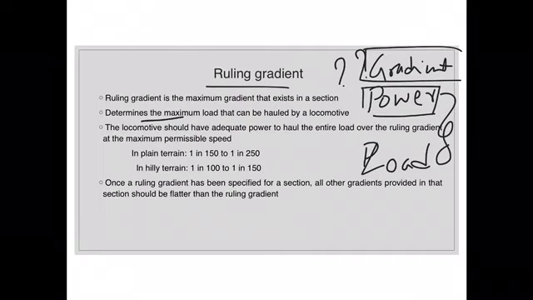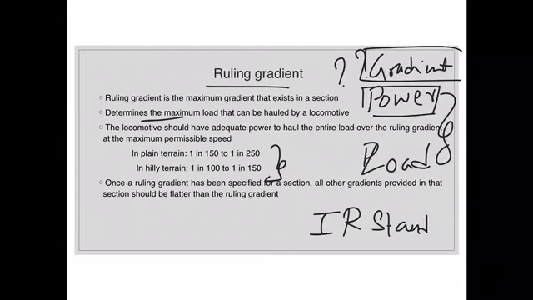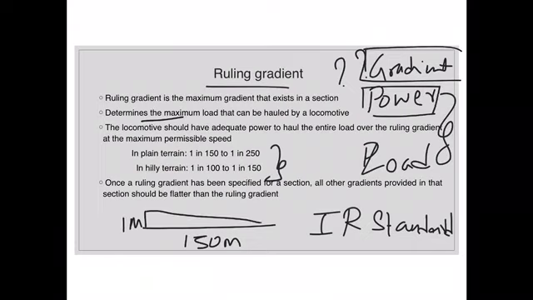Now what is the limitation? These are the limits as per the IR standards, recommended by the code. For the ruling gradient in plain terrain, it should be between 1 in 150 to 1 in 250. I'll repeat again, 1 in 150 means for every 150 meters of horizontal distance, the rise should be equal to 1 meter.